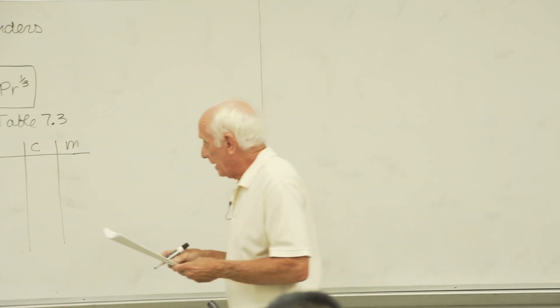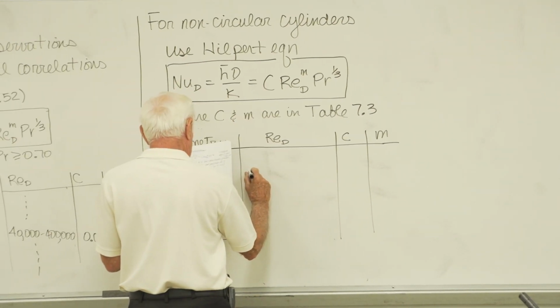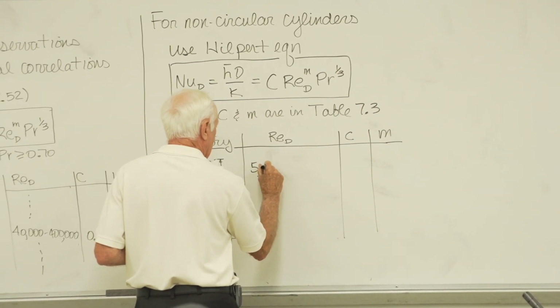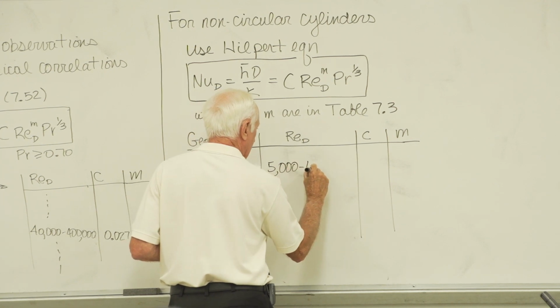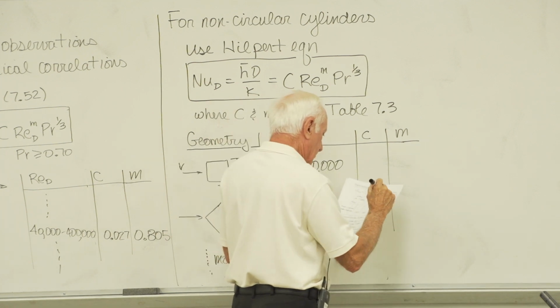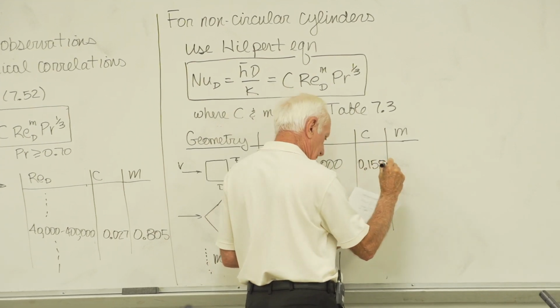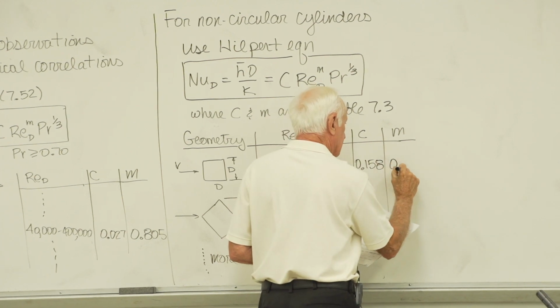Let's just take this one here. This is for Reynolds number from 5,000 to 60,000, with constants 0.158 and 0.66.